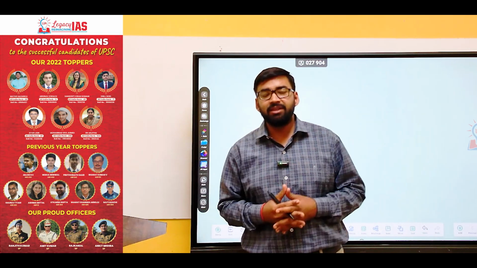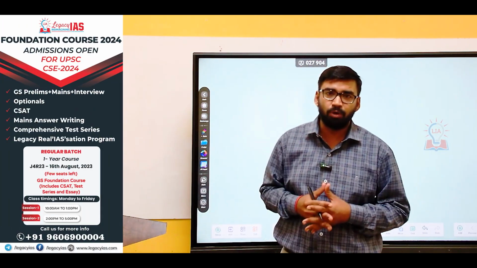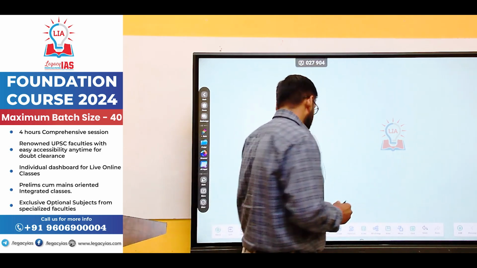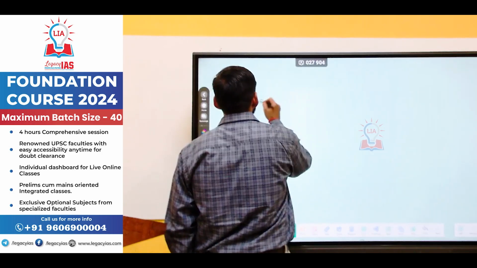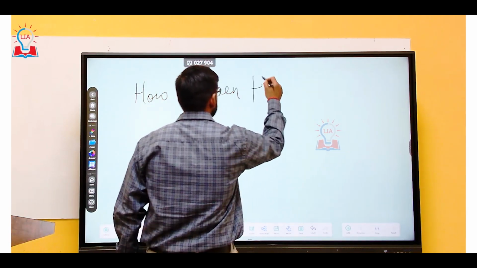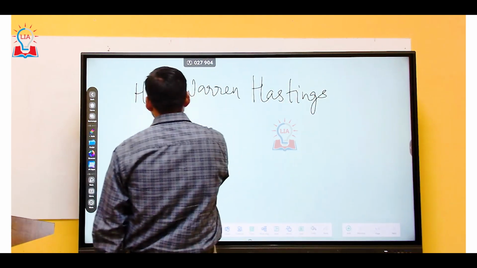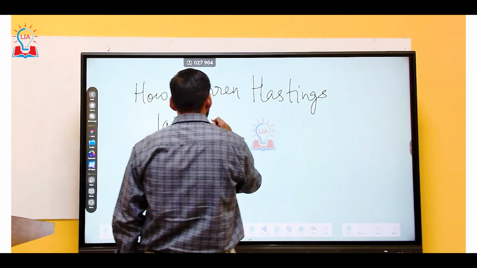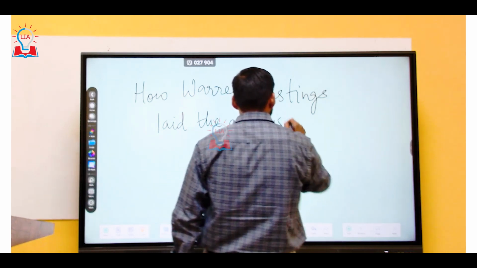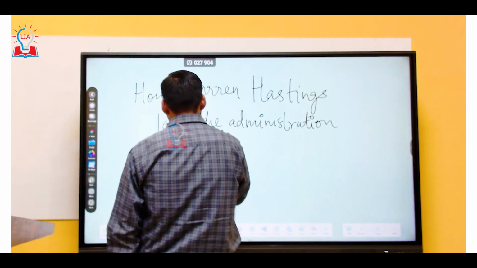So today in this session, we are going to discuss one of the most important issues of modern history. And the topic is how Warren Hastings laid the administration of Bengal.